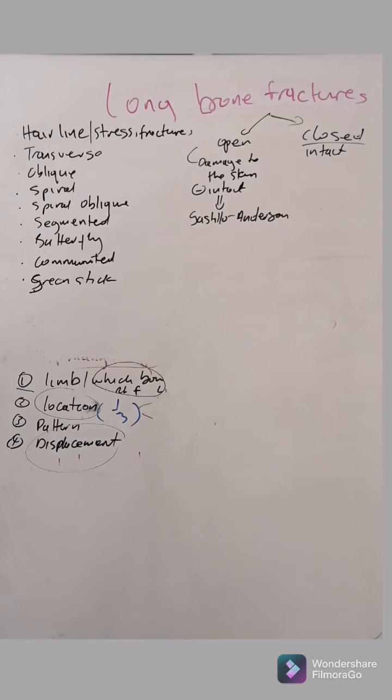If you can pay attention to the fact that I have not mentioned any specific fractures here. I haven't spoken about Colles. I haven't spoken about Smith fracture. I haven't spoken about, what is this other fracture now? I've forgotten it now.